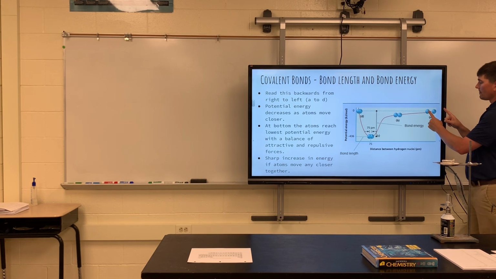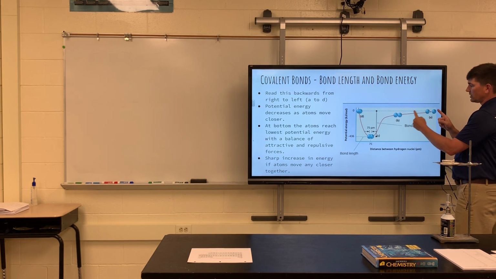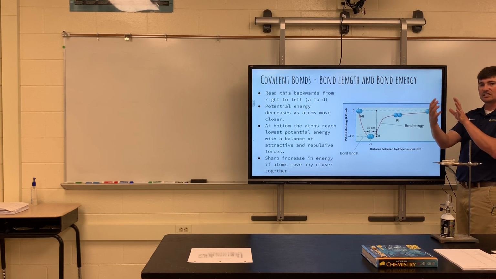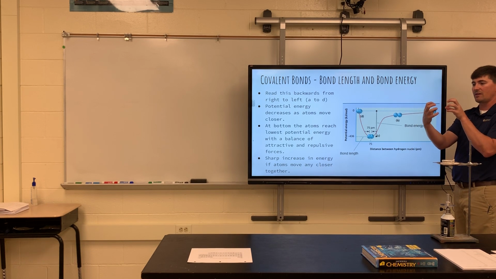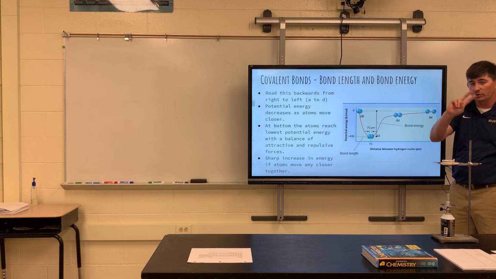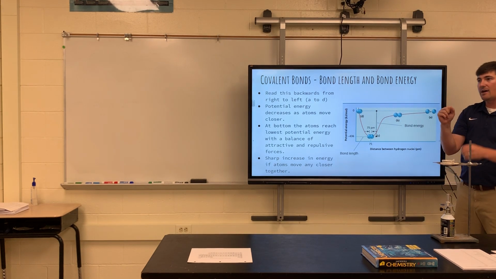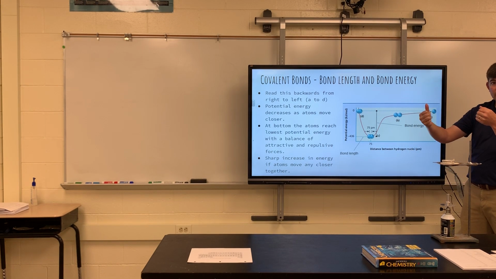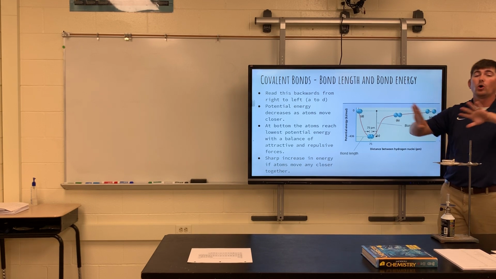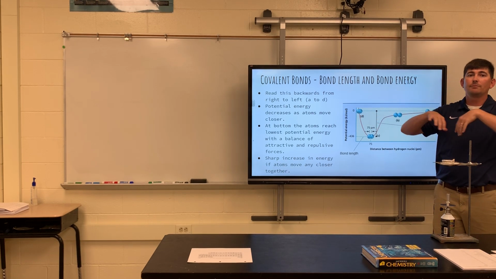Okay? So as they get closer together, they get close enough to feel this interaction. And when they feel this interaction, there's always 2 forces taking place. You have a force of attraction, opposites attract, and then you have a force of repulsion, right? Sames repel.